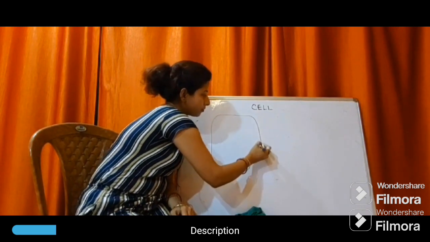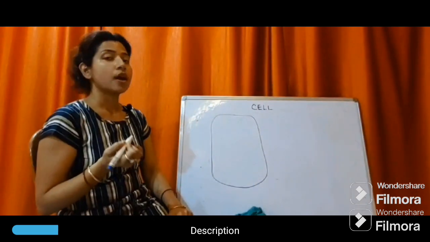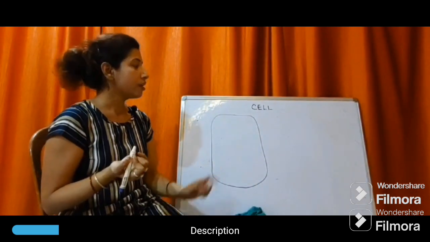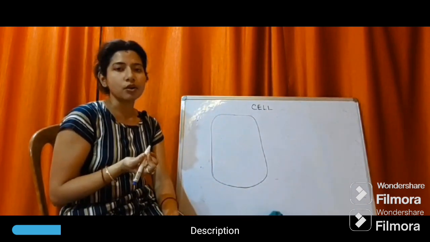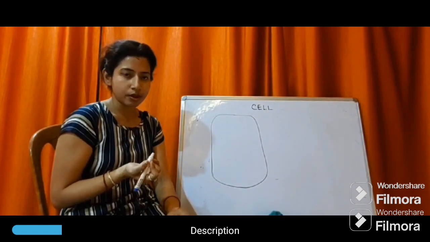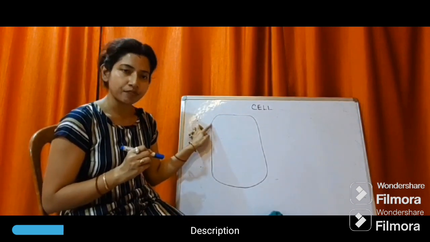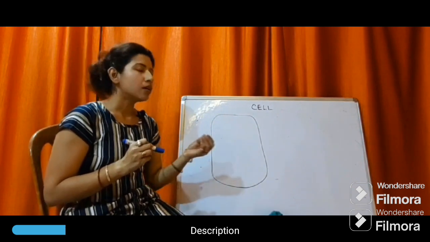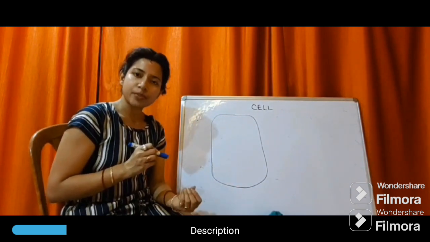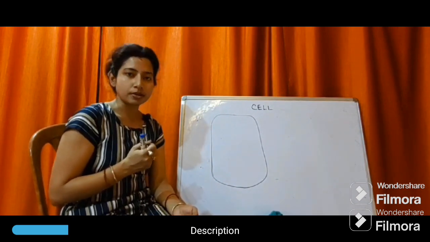If we draw an animal cell, then at first we have to draw the outline. Here, the outline is called the cell membrane. Okay? It is also called the plasma membrane. Inside the cell membrane, there is a fluid-like substance, and this fluid is called cytoplasm.